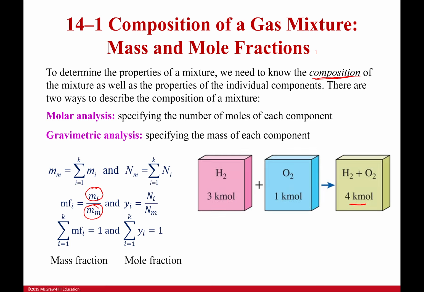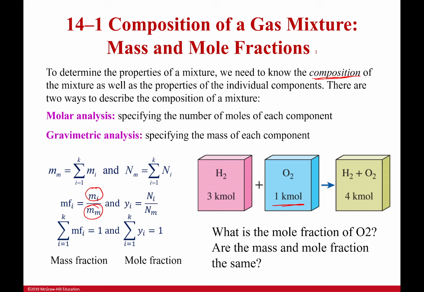Okay, now let's do mole fraction. In mole fraction, as a note, this is the exact same setup, just now in moles. 1 kilomole of oxygen, O2, molecular oxygen, is 32 kilograms, and 3 kilomoles of hydrogen is 6 kilograms. So this is the same setup. We're going to get very different results here because now we're just doing it on a count basis, not on how big they are, just how many there are.